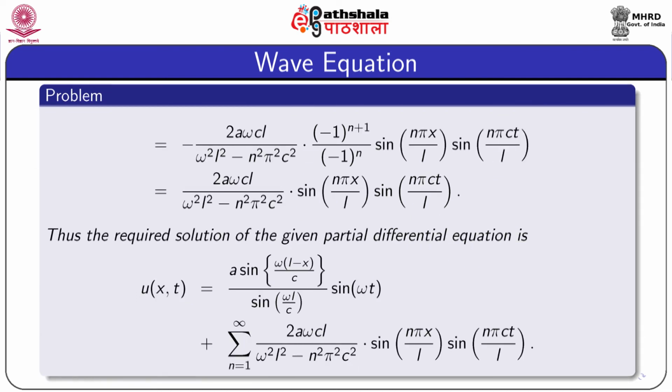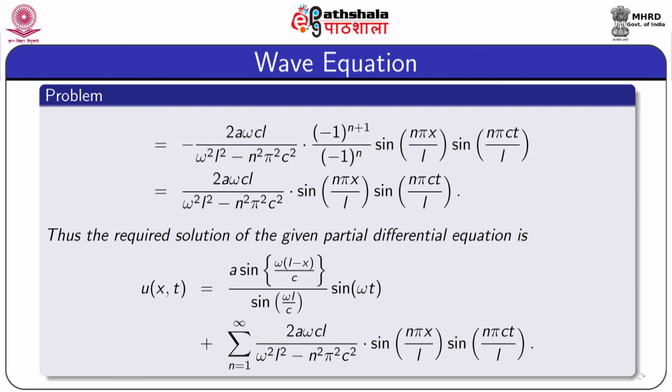After simplification, the value of Rn plus plus Rn minus is given here: 2a omega cL by (omega square L square minus n square pi square c square) sin(n pi x by L) into sin(n pi ct by L).